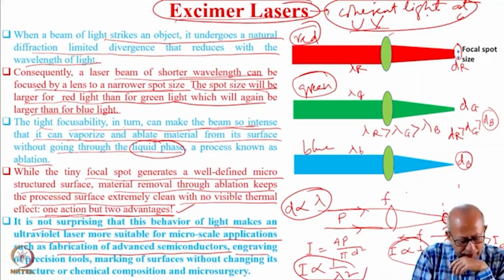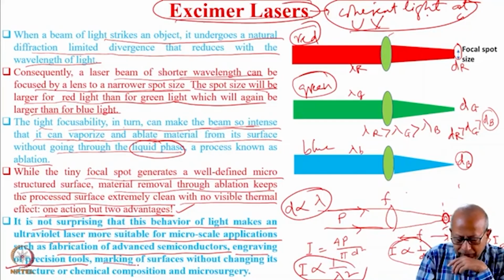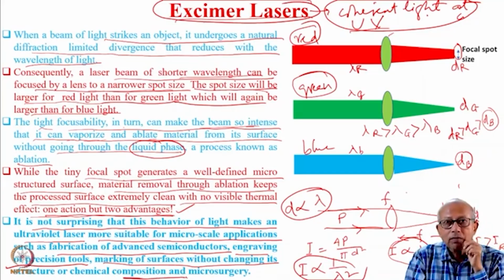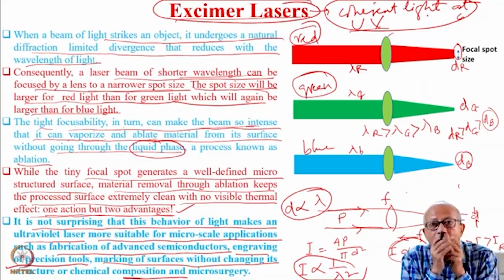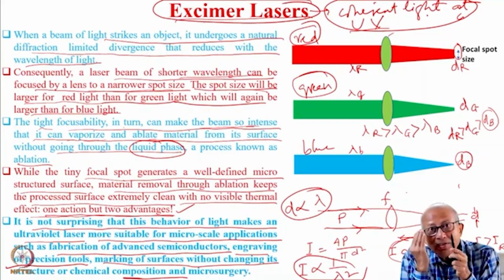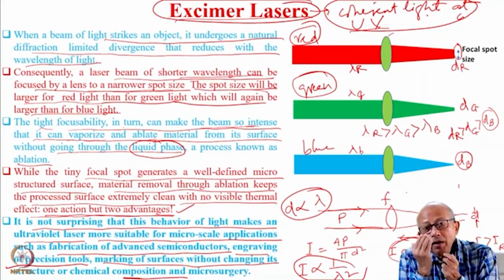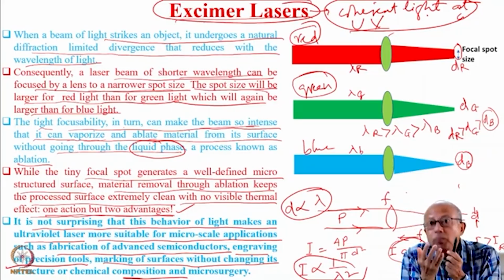Then engraving of precision tools, marking of surfaces without changing structure or chemical composition, and microsurgery. One important application in microsurgery is LASIK eye surgery, where you use an ultraviolet laser to grind the cornea of your eye, basically to engrave the optometrist's eyeglass prescription right onto your cornea. The cornea provides two-thirds of the eye's refractive power.